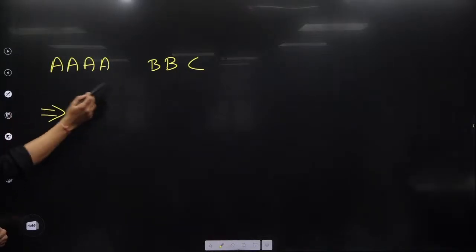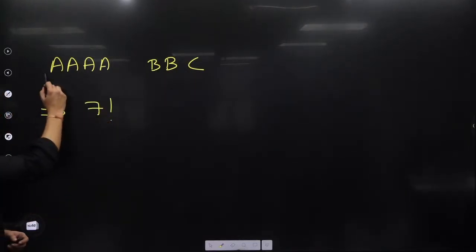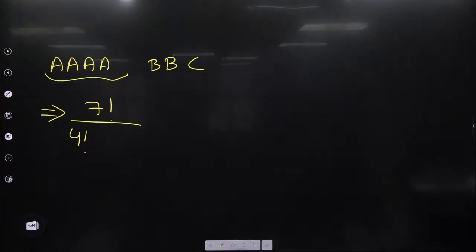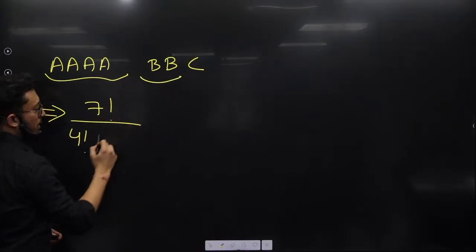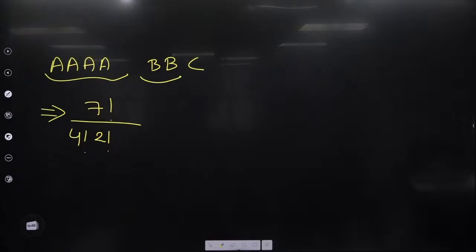Total numbers is 7. Had these been 7 different letters, we can directly say 7 factorial ways. But A is repeated 4 times, divide by 4 factorial. B is repeated 2 times, divide by 2 factorial. C is 1 time only.